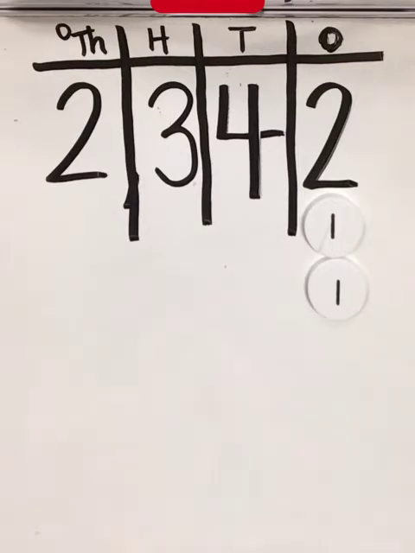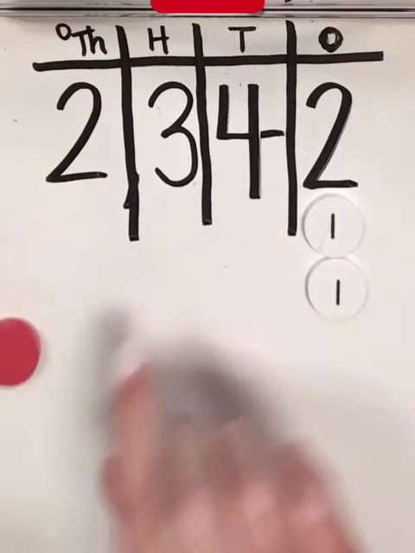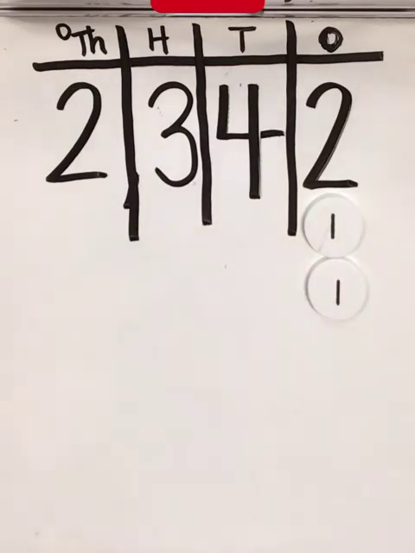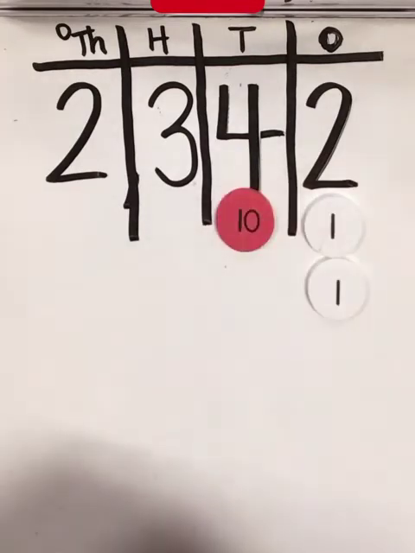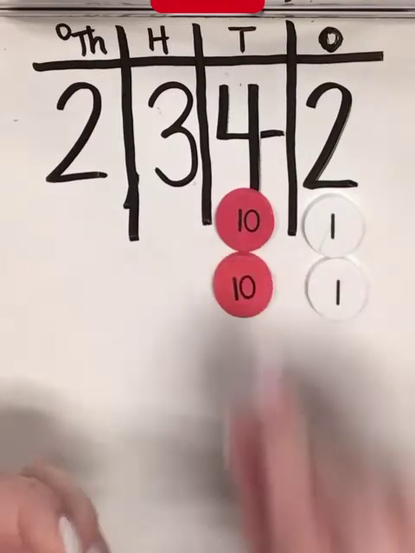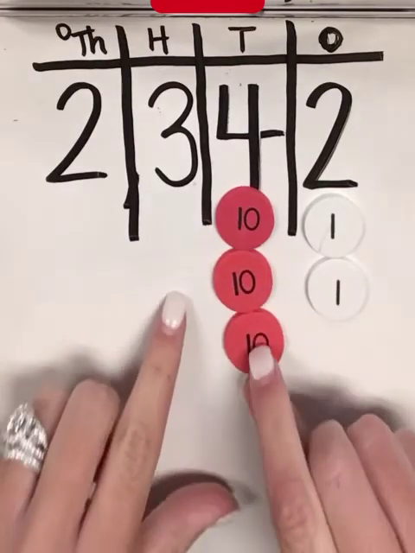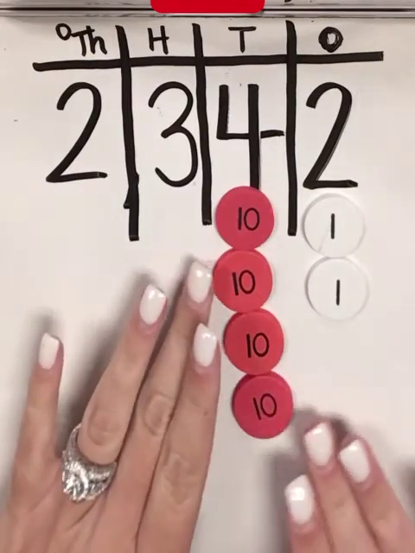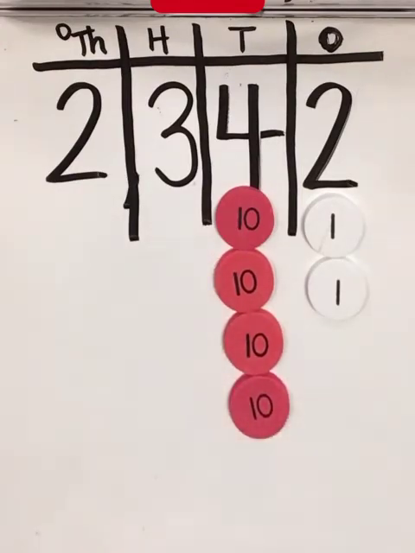Now let's move to our tens place. Our digit is 4, so we need 4 tens. So we have our 4 tens.